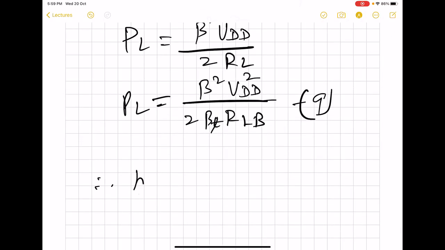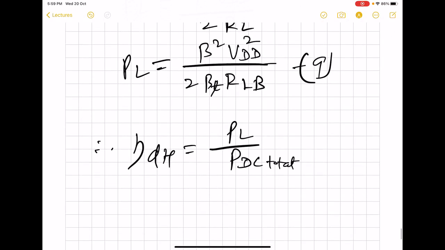So therefore, for the higher drive region, efficiency can now be calculated. So this becomes equation 9 divided by equation 8.